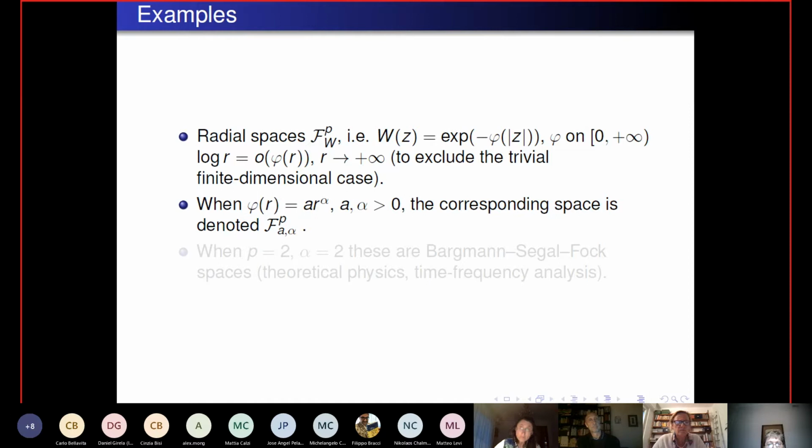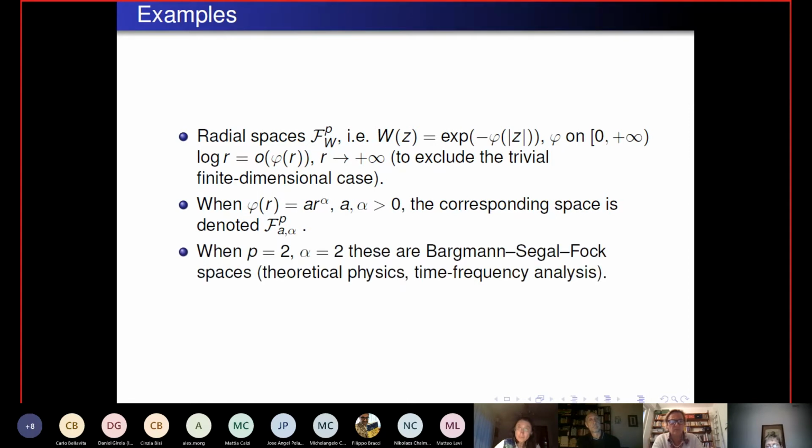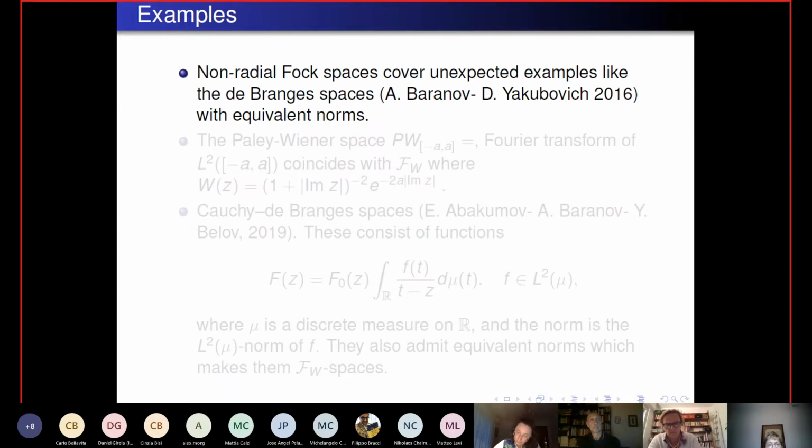Okay. If you put P equals 2 and alpha equals 2, then these are the Bargmann-Segal-Fock spaces. They appear in theoretical physics, in time frequency analysis, in many, many areas of mathematical physics or mathematics. But the non-radial case is quite interesting, and these are quite recent results.